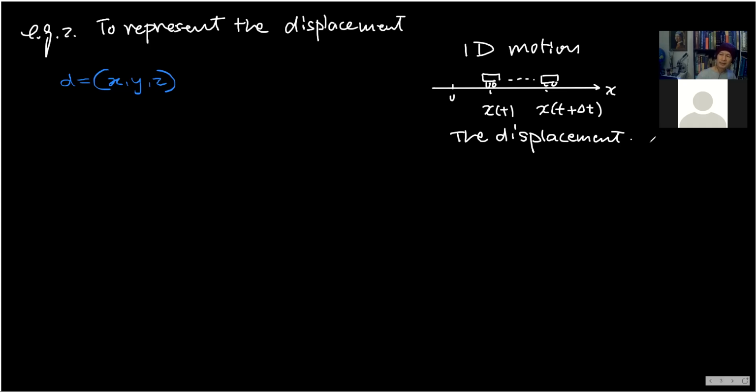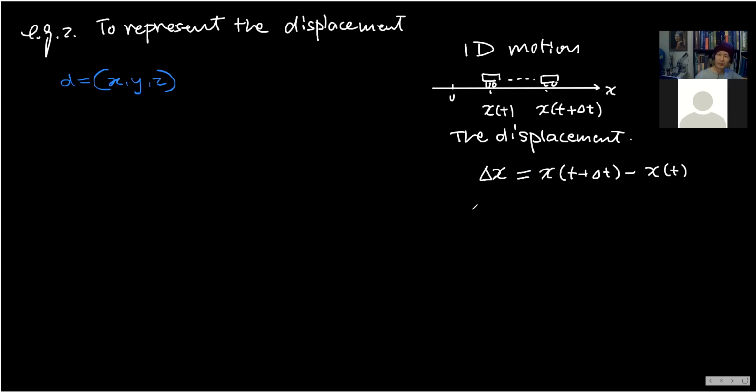Sometimes we use S, but sometimes we just use delta x, can you see? Delta x is just the change in position. How do we define the change in position? x(t plus delta t) minus x(t). Take the x at time t, right?